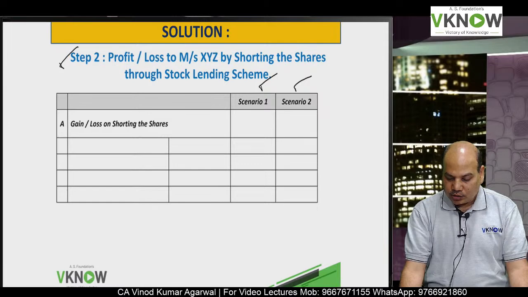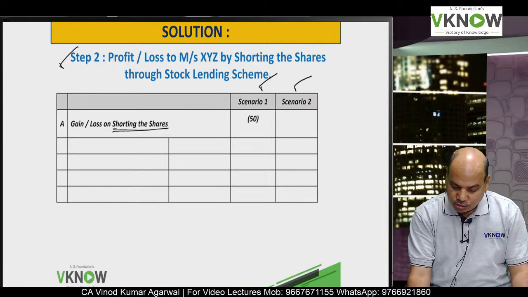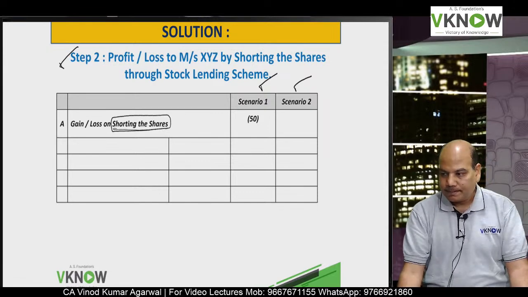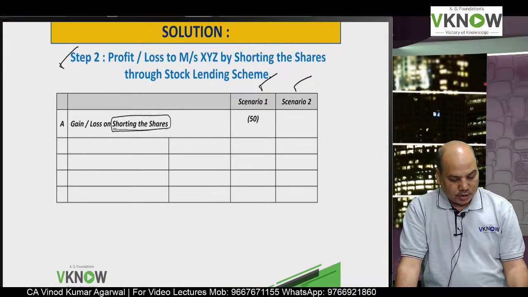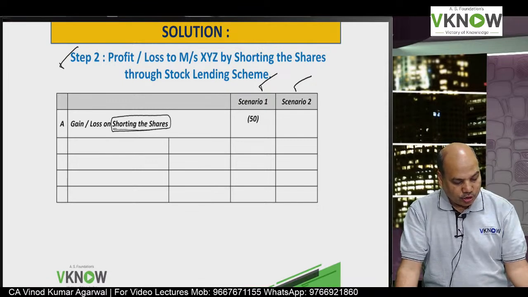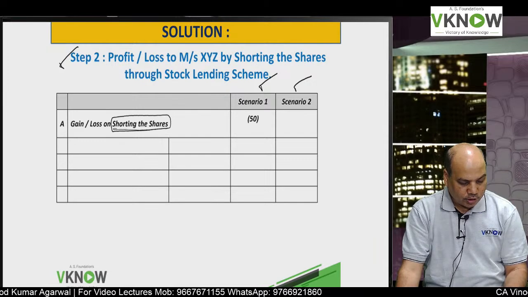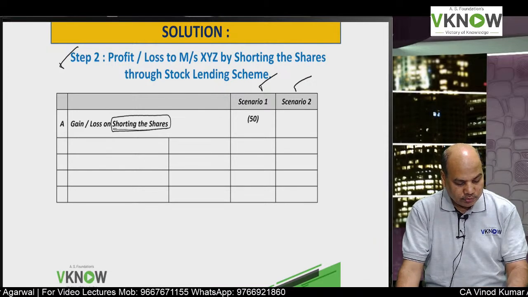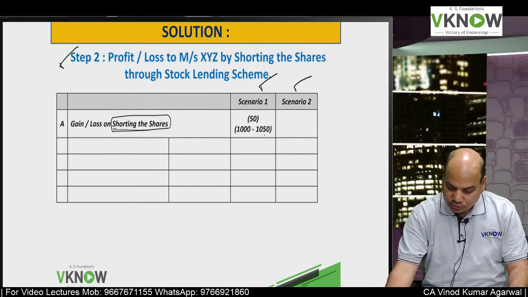This company has to first calculate gain or loss due to shorting the share. This company had done short selling at 1000 rupees, question in front of you, and now at the end of 3 months the market price is 1050.